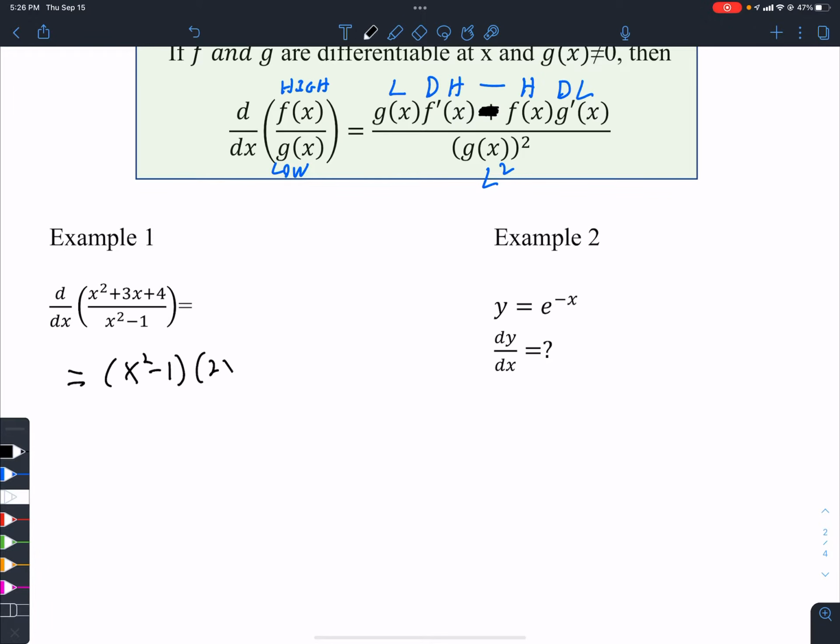Using the power rule, I get 2x plus 3 minus, and then I need high d low. Well, the high is all of that. D low, the derivative of that is 2x, the derivative of that is 0. So d low is 2x all over low squared.